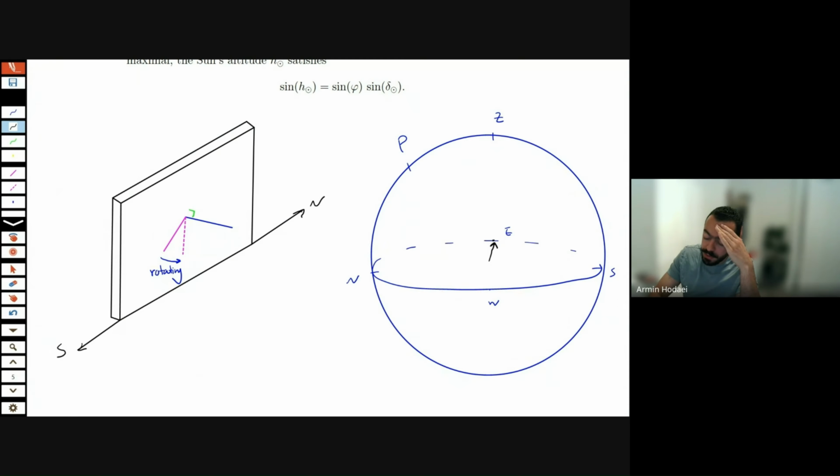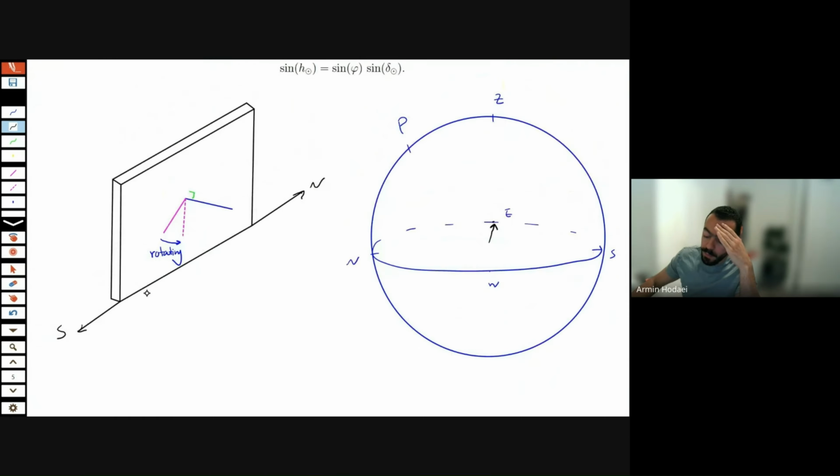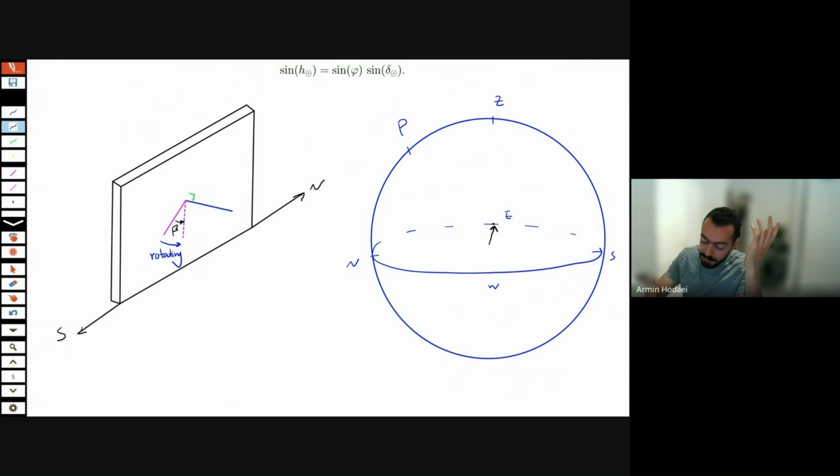I also need to find where the shadow is looking, so that as it moves, my goal is to figure out this angle. I'm going to name it beta, for example. Beta itself is not important.